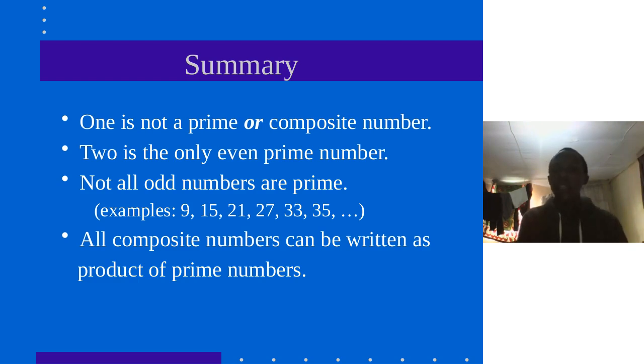And we say a prime number is a number that can be divided by itself and 1 only. 15 can be divided by 5 and 3. 21 can be divided by 7 and 3, and 21 and 1. 27 can be divided by 9, 3, 27 and 1. It is the same case for 33 and 35. Our last point: all composite numbers can be written as a product of prime numbers.